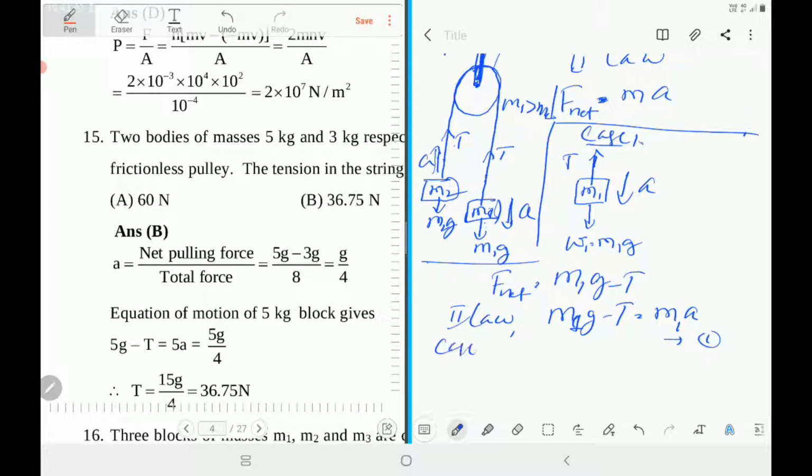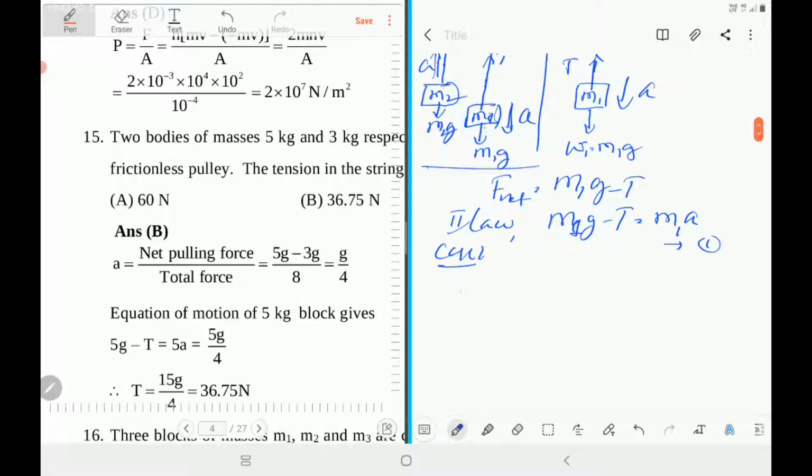Now case 2, for the second body. Again, the same story, it experiences two forces, one down, m2g, its own weight. The other one, tension by the string acting up, it's pulling it up, T. Here the body is moving up with an acceleration a, therefore tension must be more than weight. What is net force?